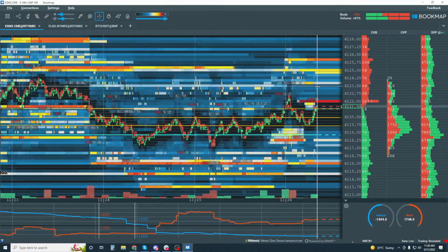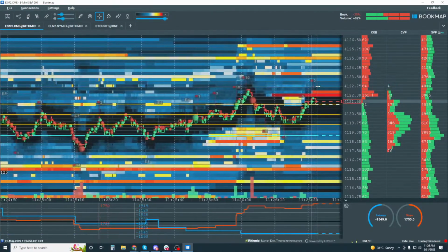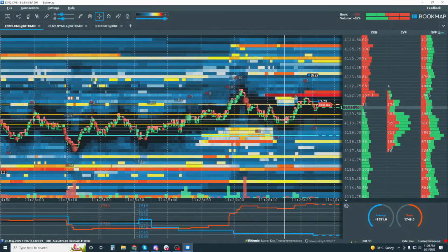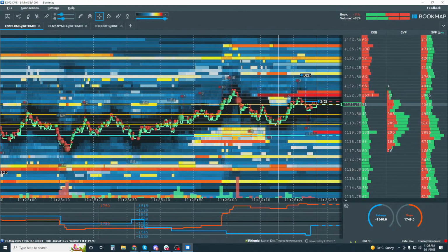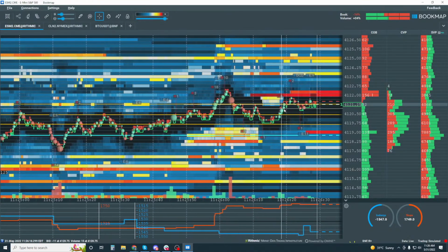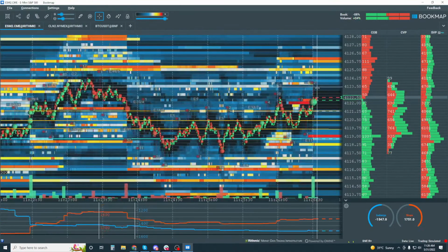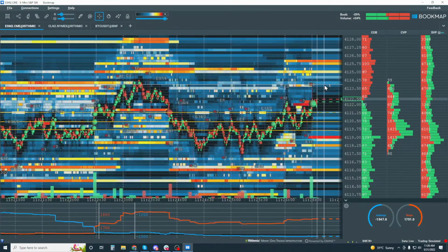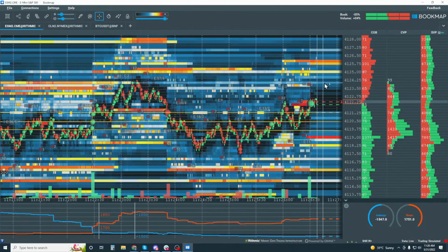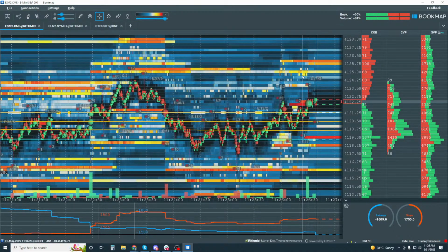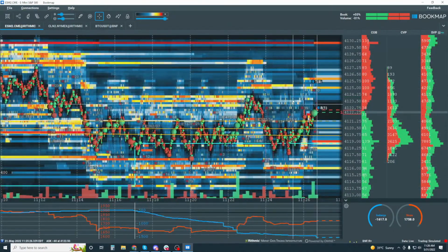Let's see if we get our, still looking for sellers down here. And you can see it exhausted here and we found buyers instead, right? So another probe higher here. Back up into maybe 24.